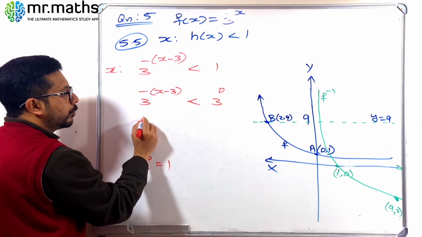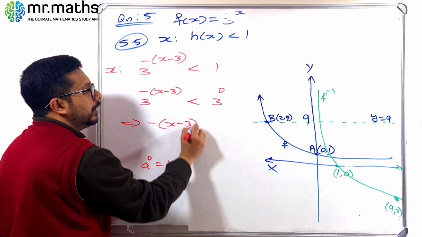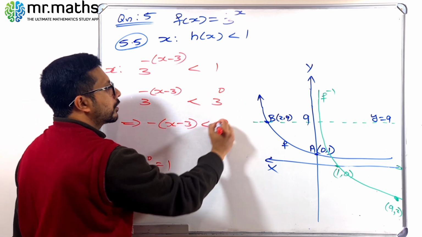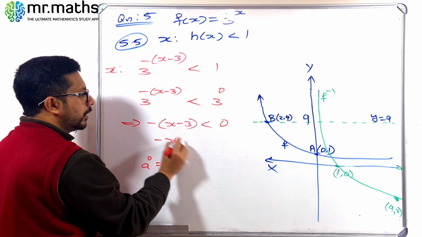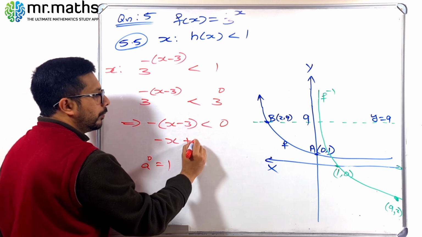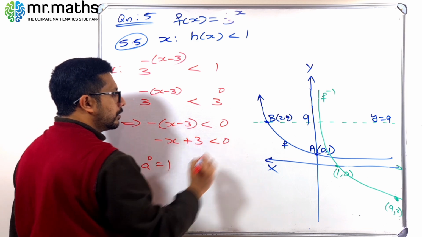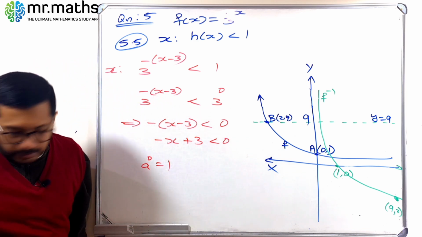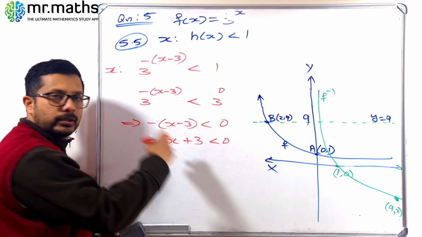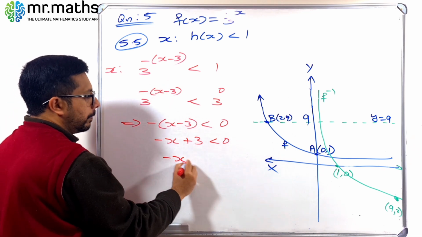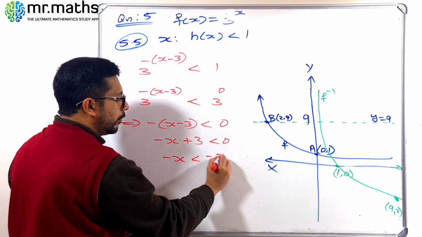So here what is the exponent? It implies that minus of x minus 3 is less than 0. Expand the bracket: minus x, minus into minus 3 is plus 3, is less than 0. Now take this plus 3 to the other side. So minus x is less than minus 3.